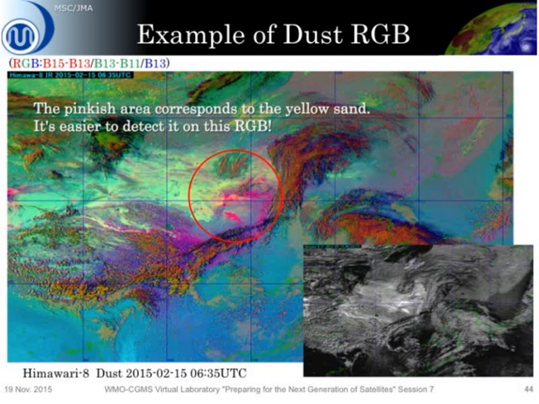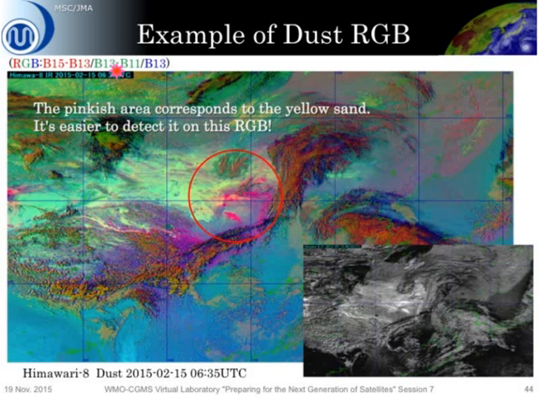And this is the example of dust RGB. Here, red corresponds to the difference between band 15 and band 13. Green corresponds to the difference between band 13 and band 11.